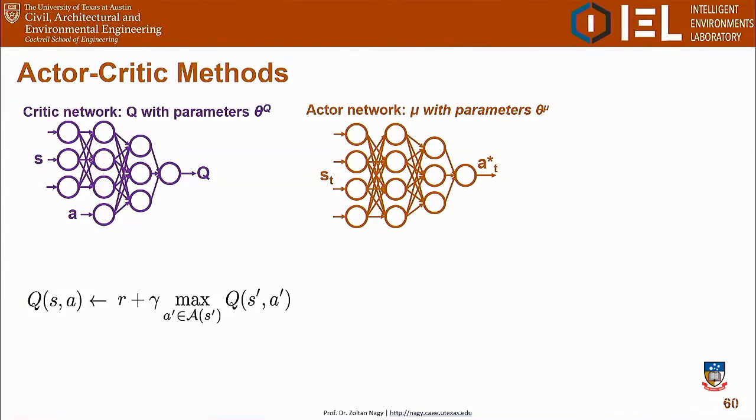Then we have this equation, which is being mapped by the critic network. The problem that we had was estimating these actions, because we had to input all the possible actions for a given state into the critic network to find all the possible Q values and then find the maximum one to make the update. But now we have the actor network, which gives us the optimal action for a given state.